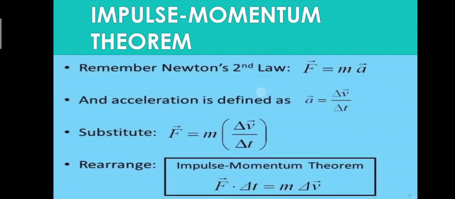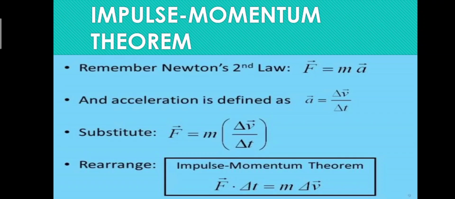Now let's proceed to the impulse momentum theorem. Remember, Newton's second law is F equals m times a. When Newton first wrote his second law, he wrote it as F equals change in momentum over change in time.